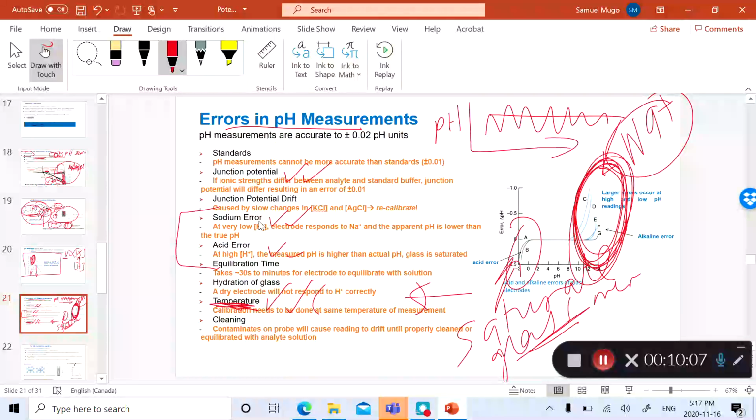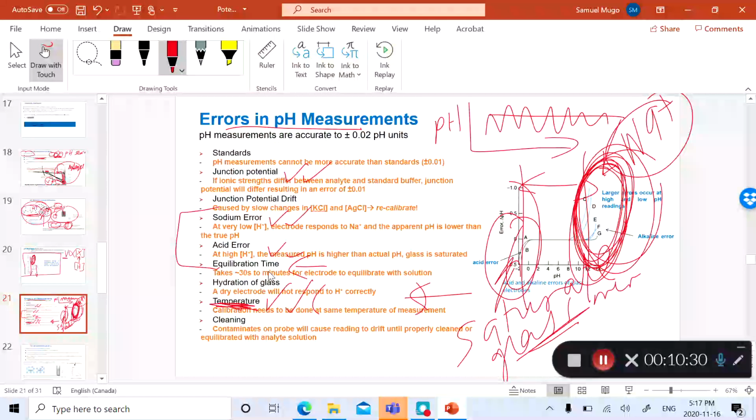So it's what is called the sodium error. So take note of that. The dynamic range, therefore, of the pH electrode is not very wide because of the sodium error and because of the acid error. One other problem with the pH electrode is the equilibration time.